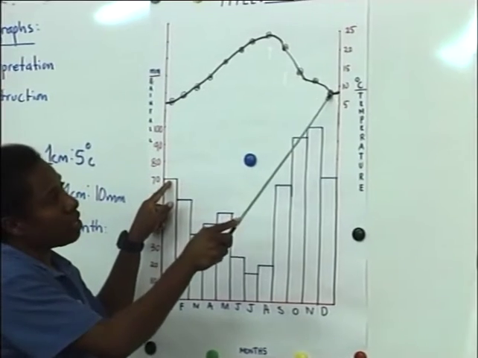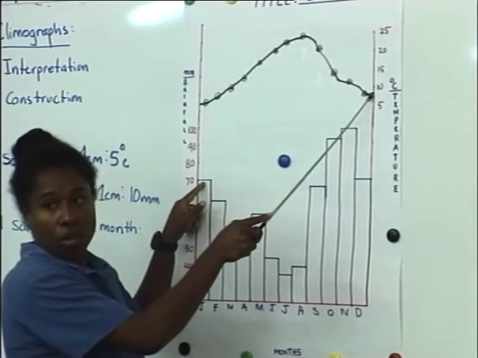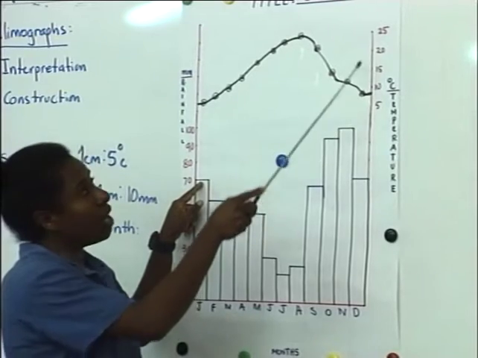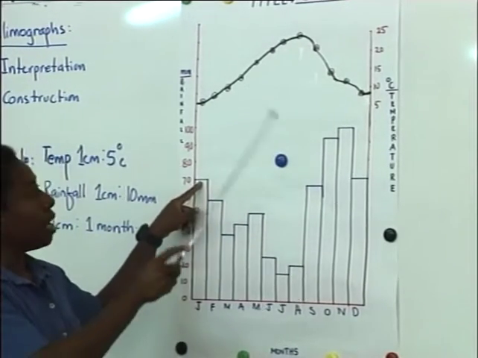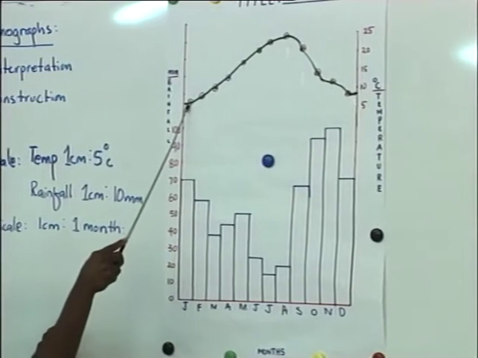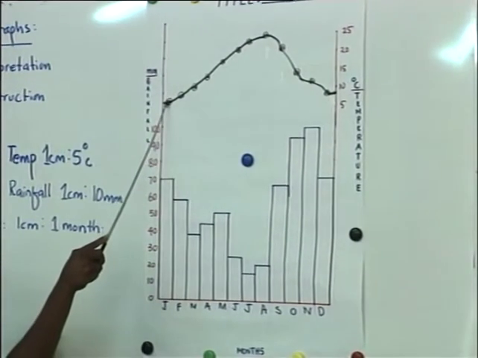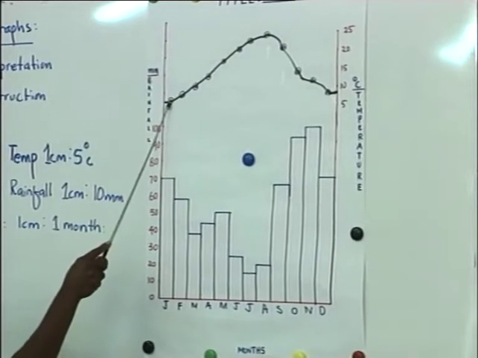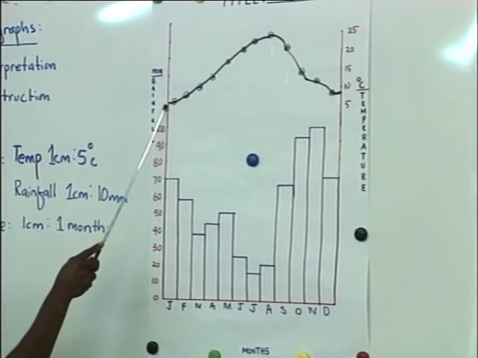All you have to do is from the last dot in December, you just extend it horizontally across to where the framework is, or the end of the frame is. Similarly, for the beginning, do not start from 0 and extend the line all the way to the starting point. All you have to do is from the first month temperature, you extend the line to the framework.